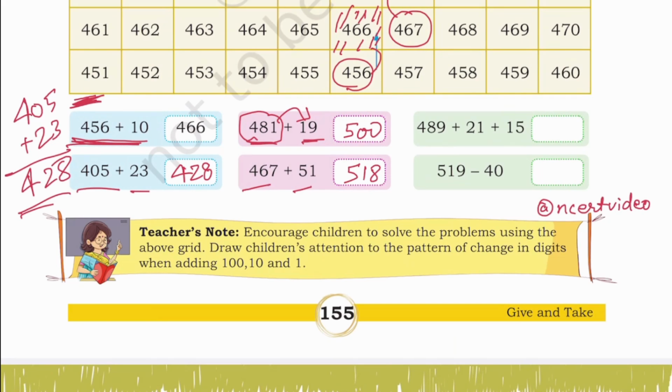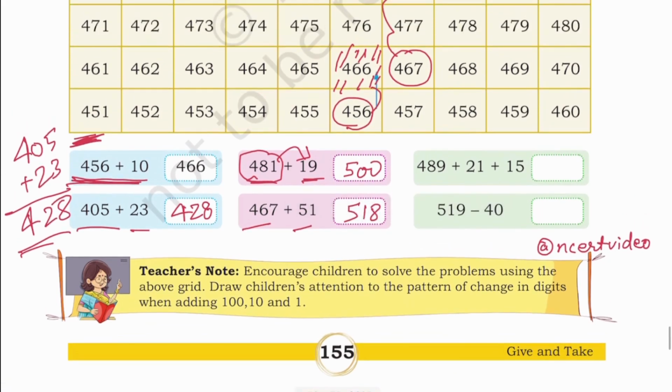Okay. Similarly, if you add 489 and 21, that is 1 is given to this, then it will become 490. 490 plus 20 means 500 and 510, and 15 is added to 510, that is 520, and then 5, that is 525.